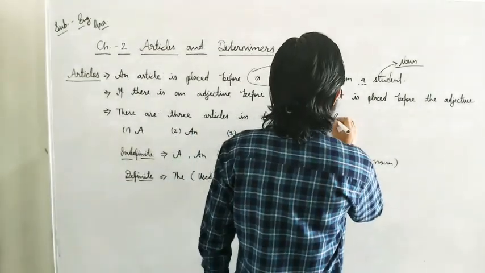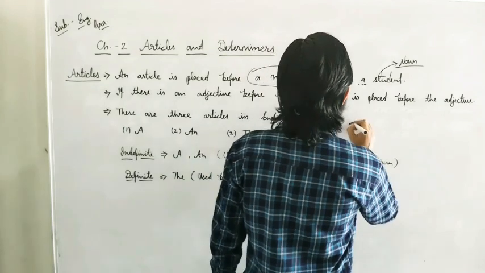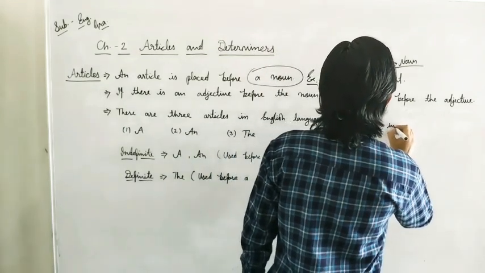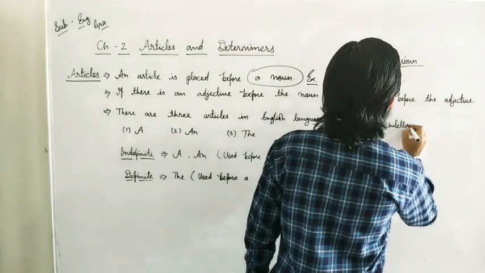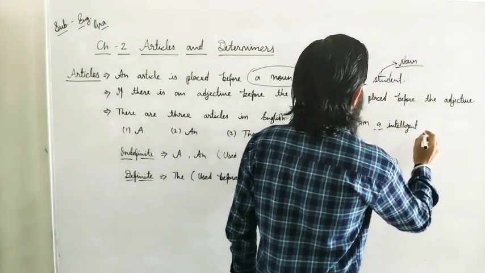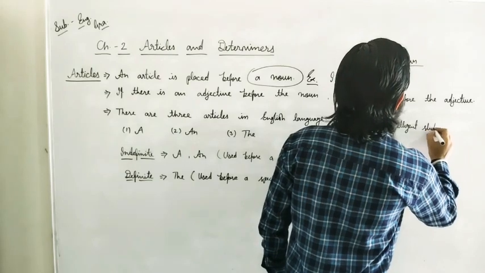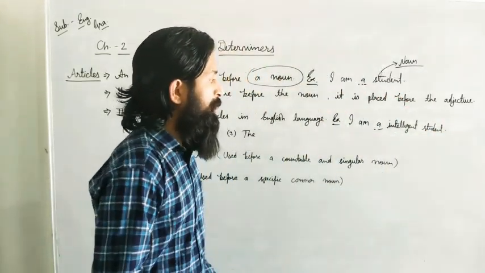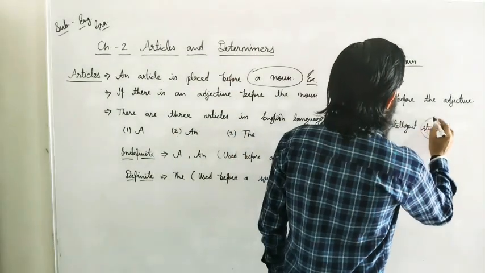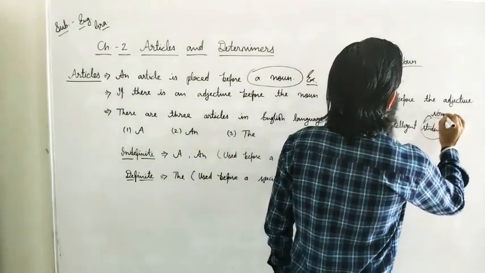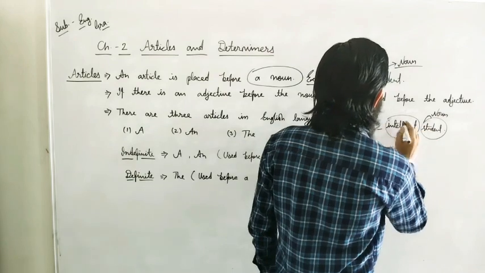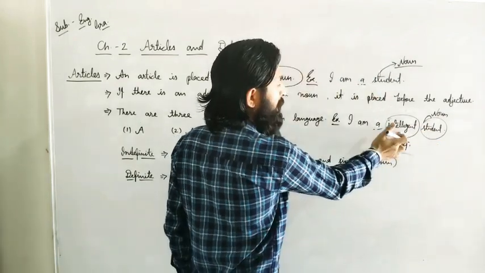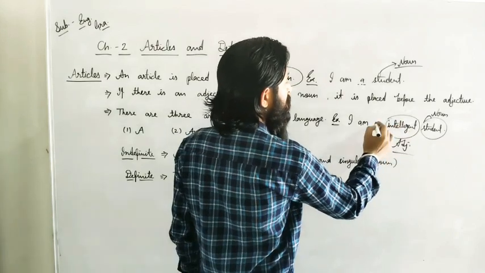Like, I am an intelligent student. We know that student is a noun and intelligent is an adjective.